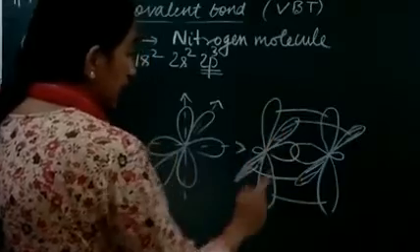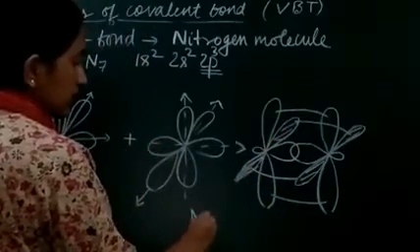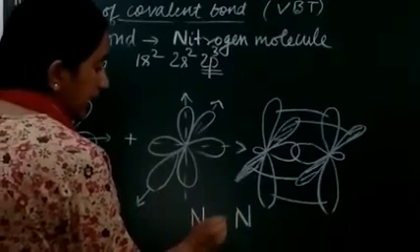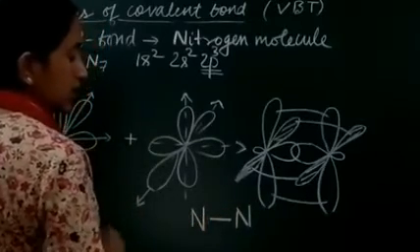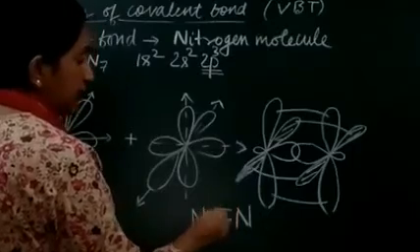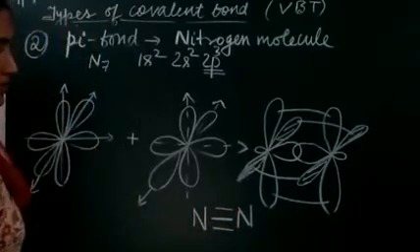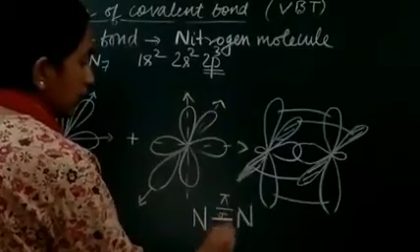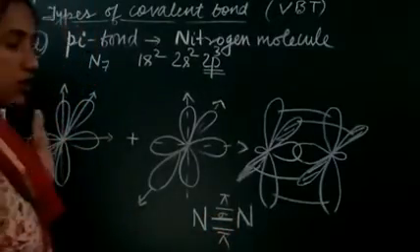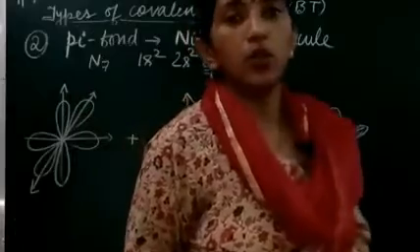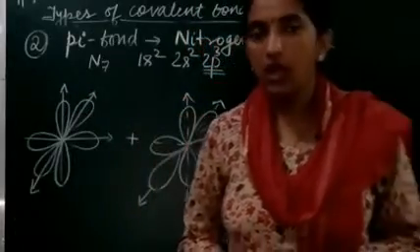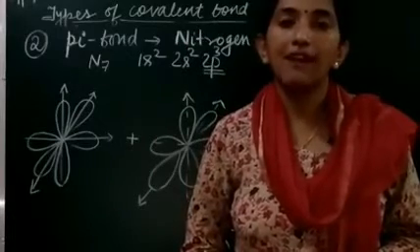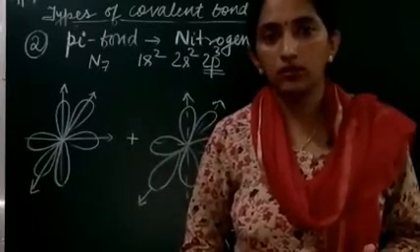So in the nitrogen molecule, the two nitrogen atoms will be held first by a sigma bond. This is the basic bond, and then the pi bond formation will take place. So here we have one sigma and two pi bonds involved. Whenever it is a double bond, we will have one sigma and one pi bond. And when it is a triple bond, then we will have one sigma and two pi bonds formed.